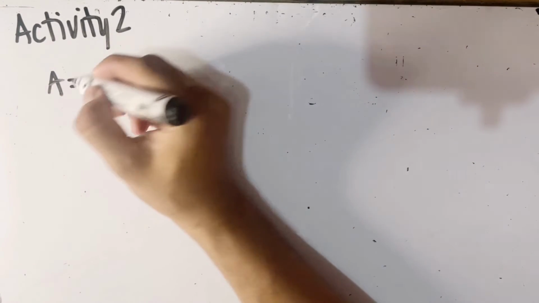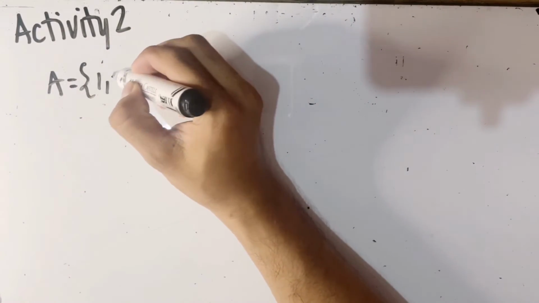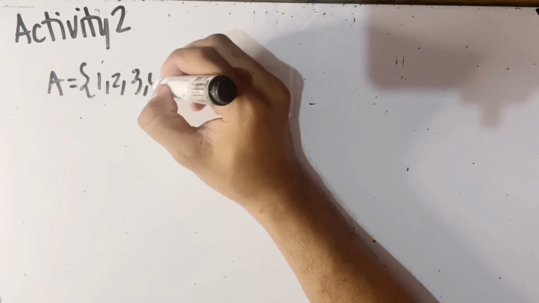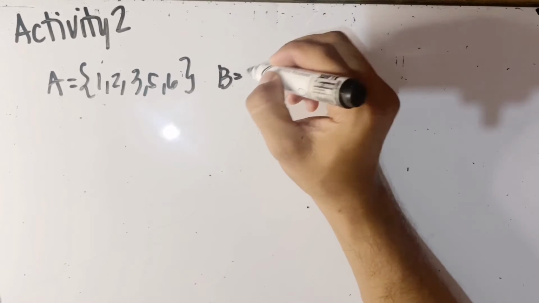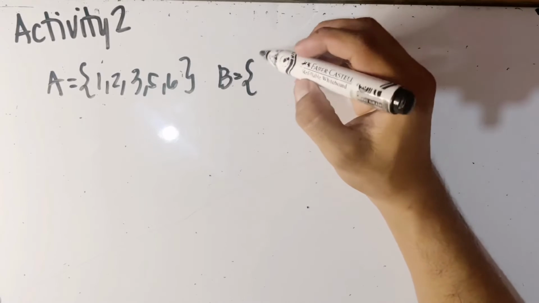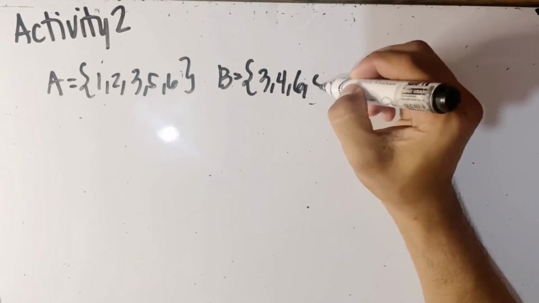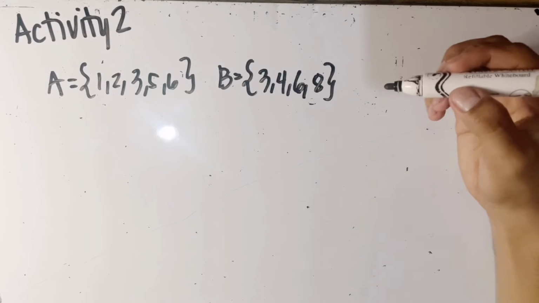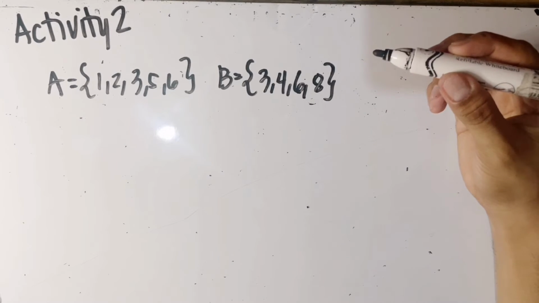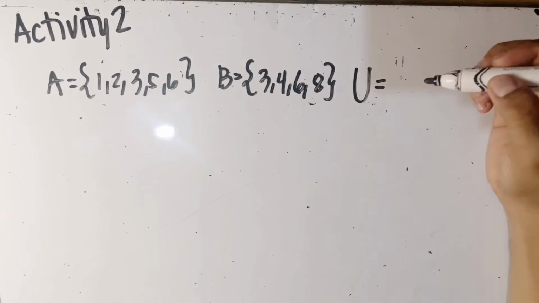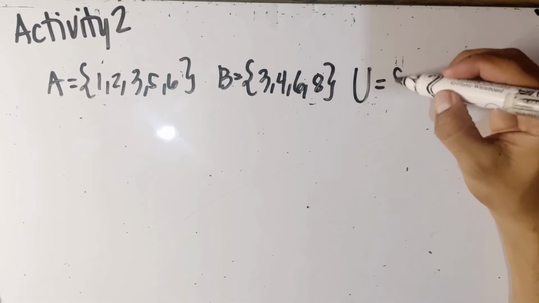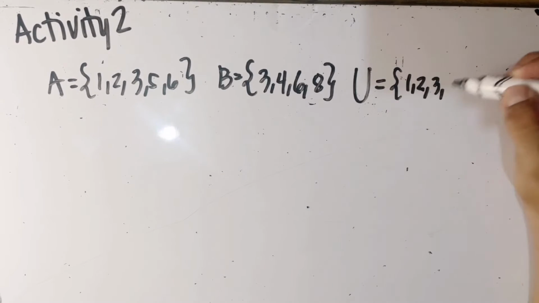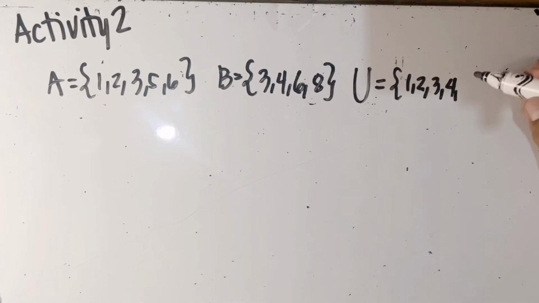Number 1, the given is, let set A is equal to 1, 2, 3, 5, and 6, while set B is equal to 3, 4, 6, and 8. And the universal set is 1, 2, 3, 4, 5, 6, 7, and 8.